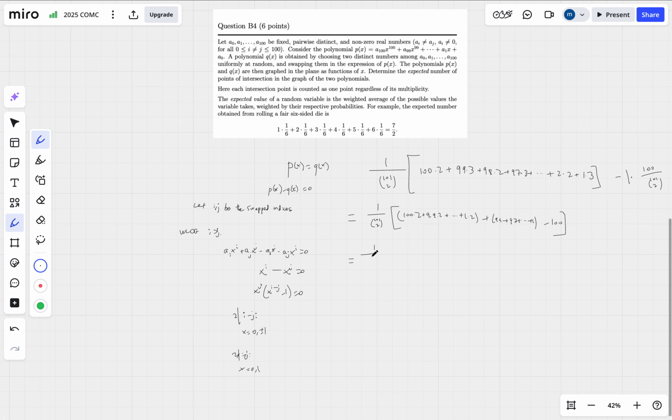This is equal to 100 times 101 plus, we can use the formula for the sum of consecutive odd squares. There are 50 terms here, so it's 50 squared, minus 100.